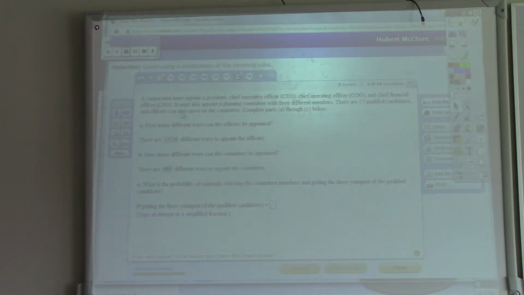We've already done that. It must also appoint a planning committee with 3 different members. There are 17 qualified candidates. What is the probability of randomly selecting a committee member and getting the 3 youngest of the qualified candidates? Now this is the committee.